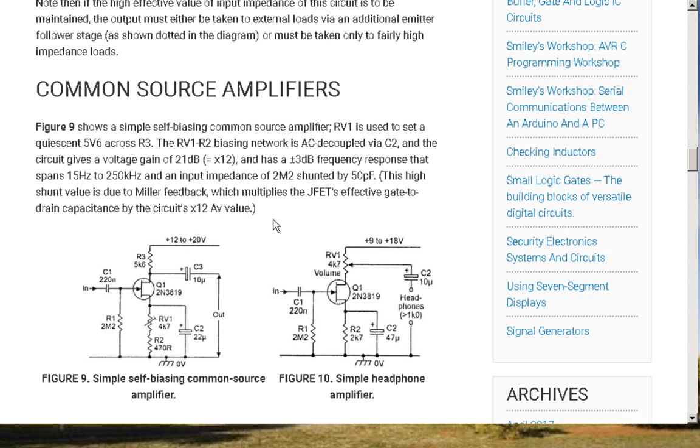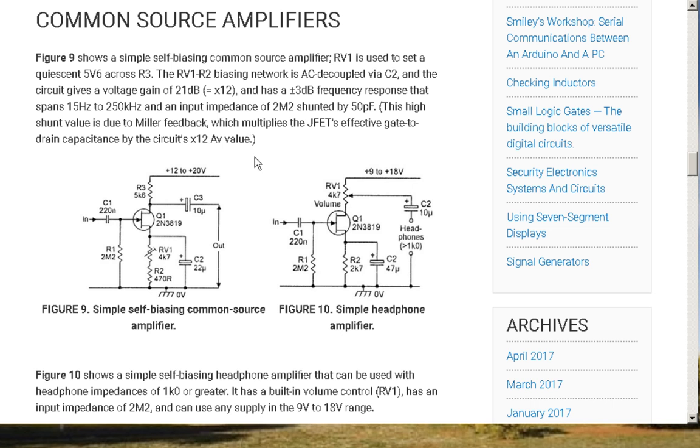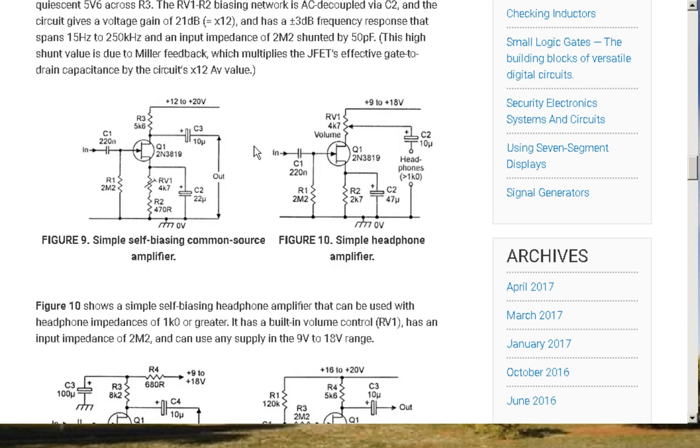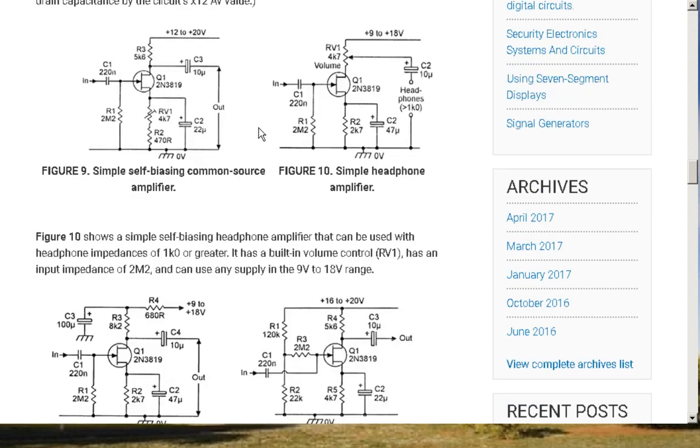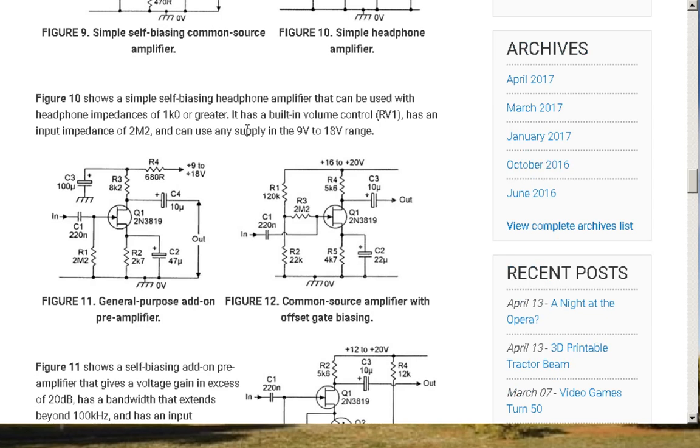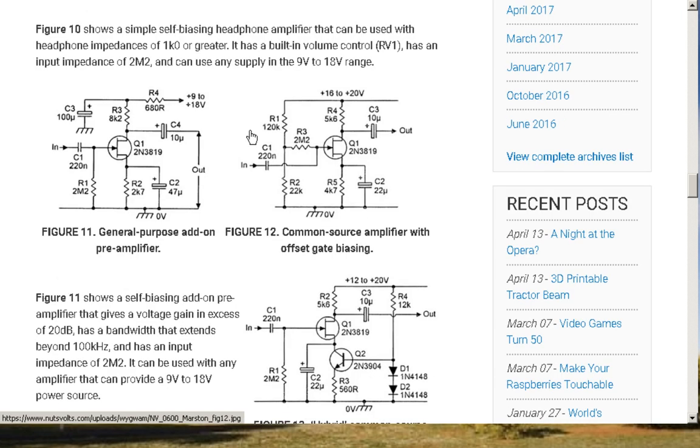This high shunt value. A self-biasing preamp. Bandwidth over 100 kilohertz.